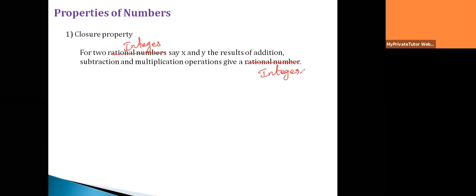So this works only for addition, subtraction, and multiplication. That's why the closure property says to take a couple of numbers, do the basic arithmetic operations, and the output has to be an integer. Okay, that's it.